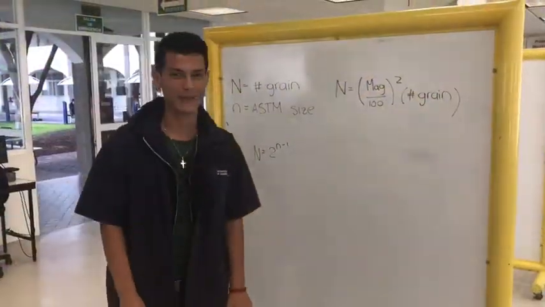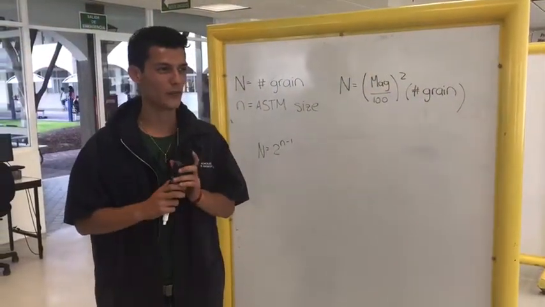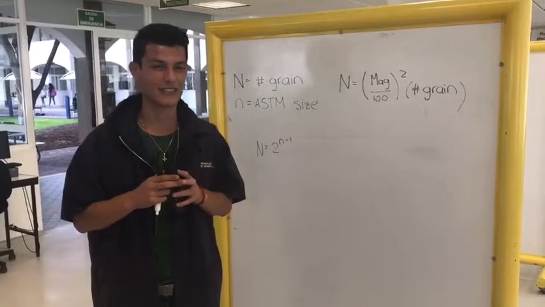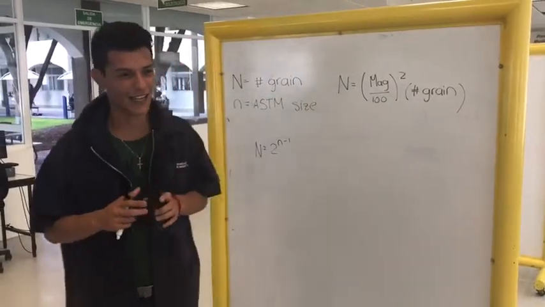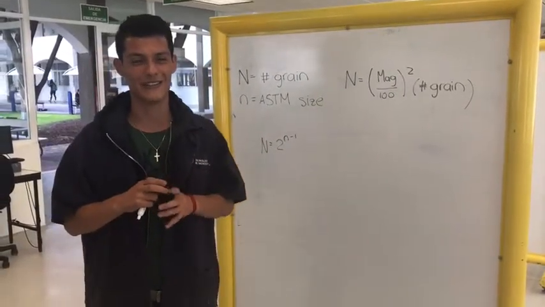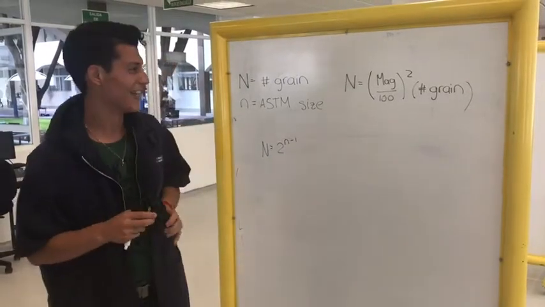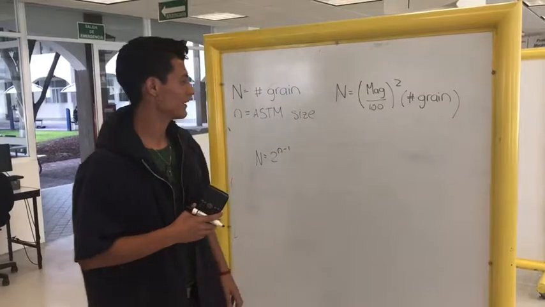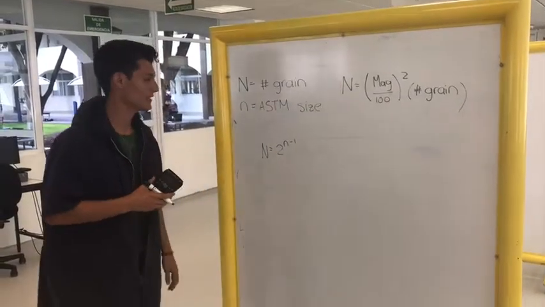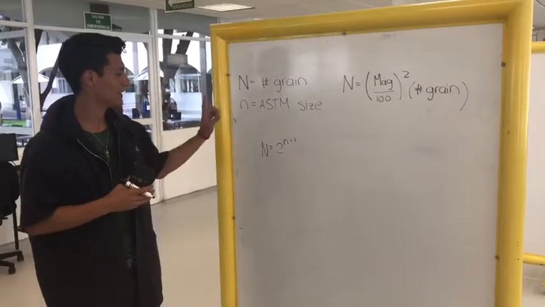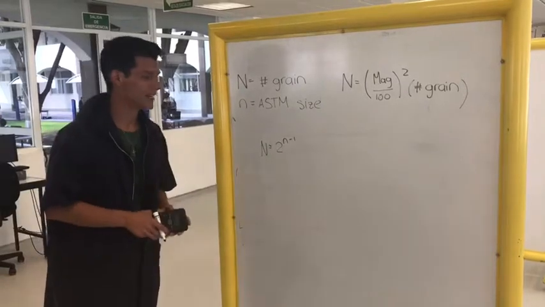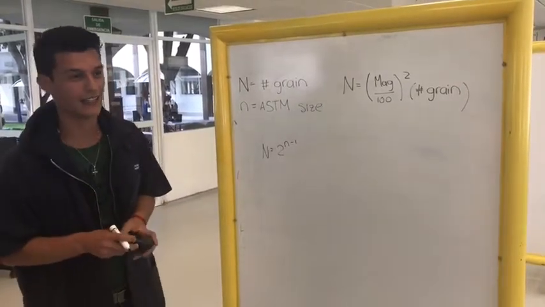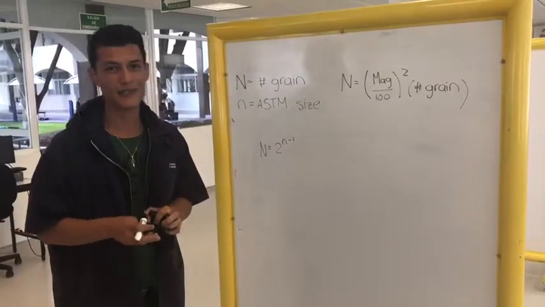After we use the microscope, we can count some of the grains that we can see with it at a zoom size of 100. We have to use this formula in order to obtain the number of grains, and then with this formula calculate the size of the grains in the samples.